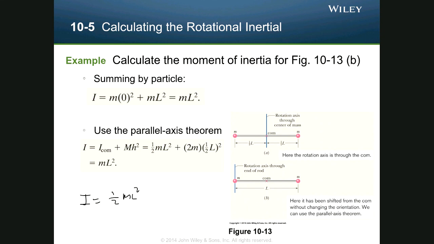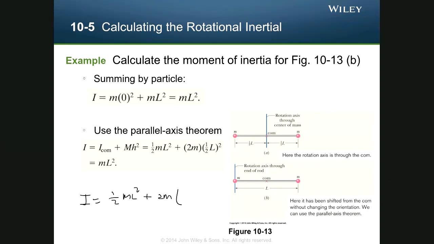And now we want to move the axis from the center of mass to over here, right? So now what we have to do is add the total mass of the system. So that's going to be plus (2m), right, times L over 2 squared, I believe.